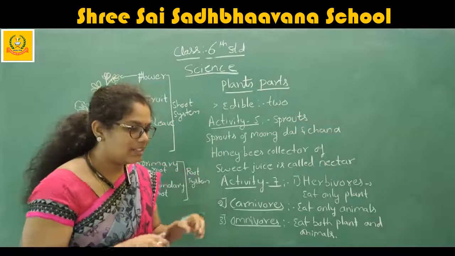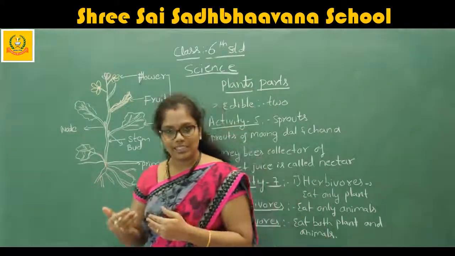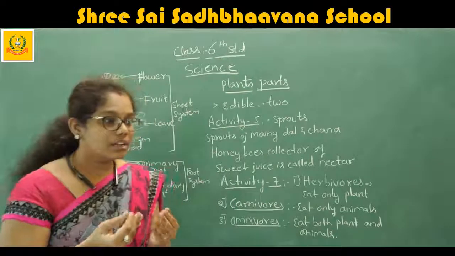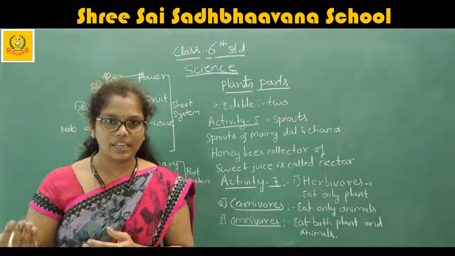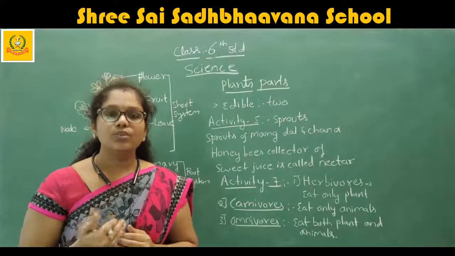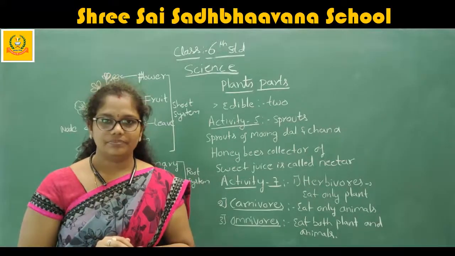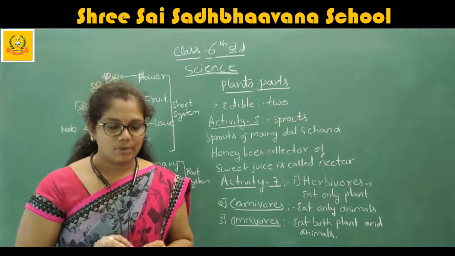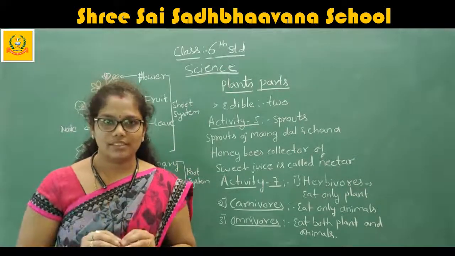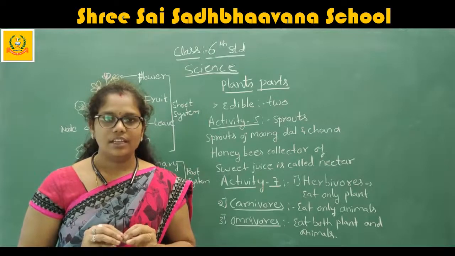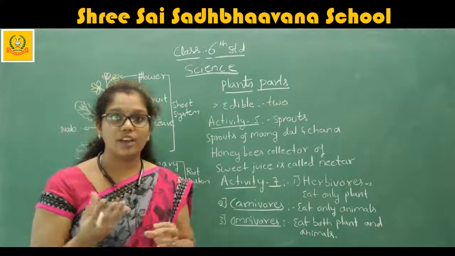And also the leaves of the banana, we use for cooking food. Not on our side, but in other places, they use banana leaves to cook food. They cover the food and steam it. Maybe you have heard that in your homes they make vadas.